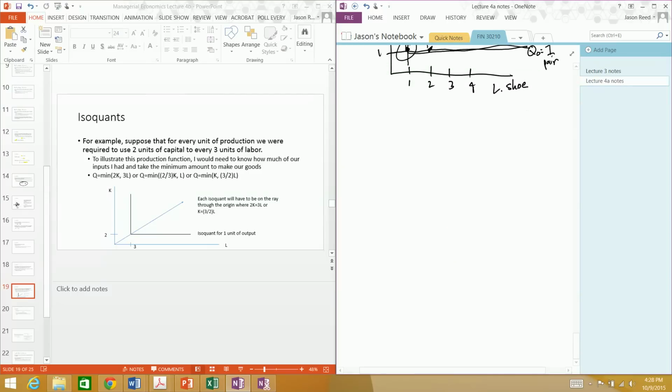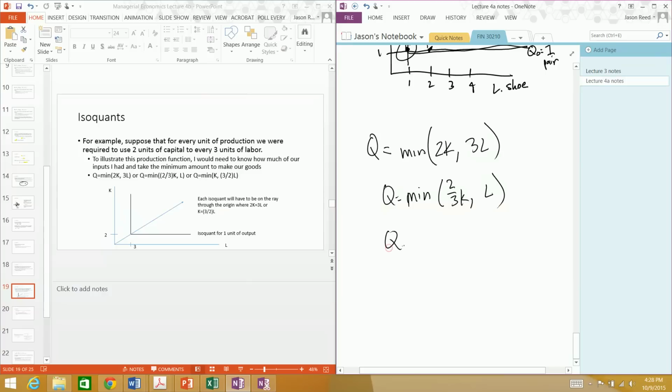The production function would be written as Q equals the minimum of 2K and 3L. You could also write it maintaining that proportion: for every 2/3 capital, you need 1 labor. Or, for every unit of capital, you need 3/2 labor. So you can write production in this way.